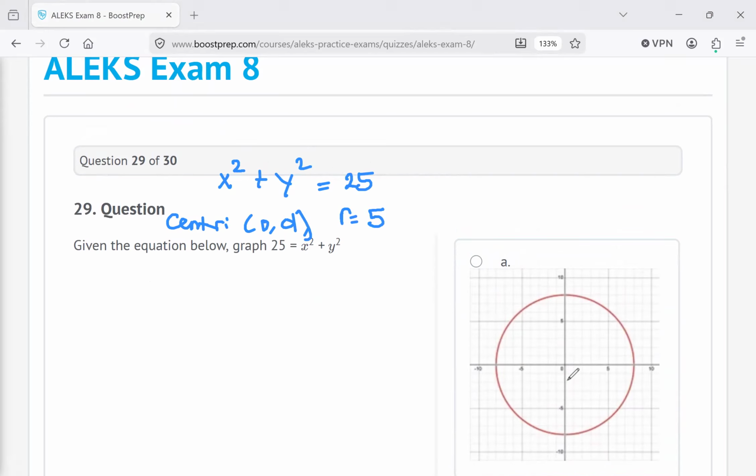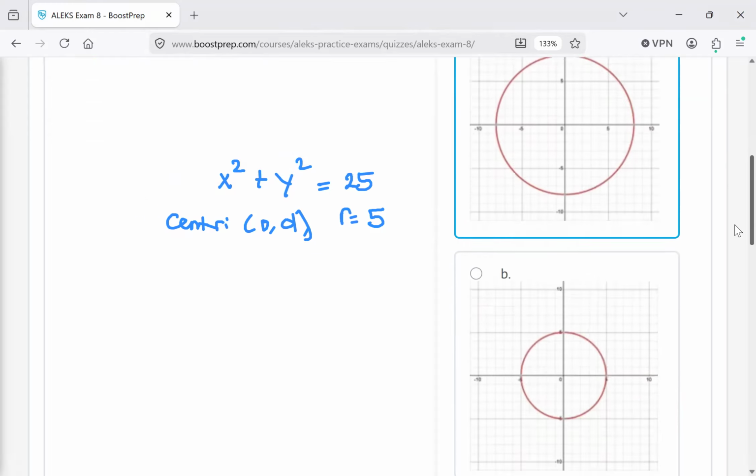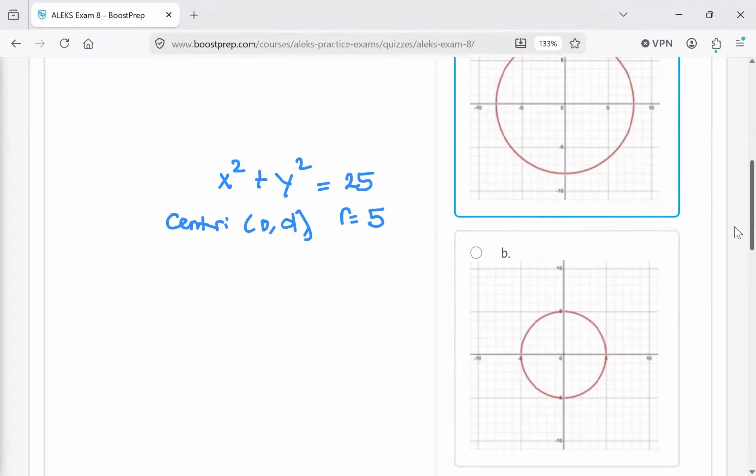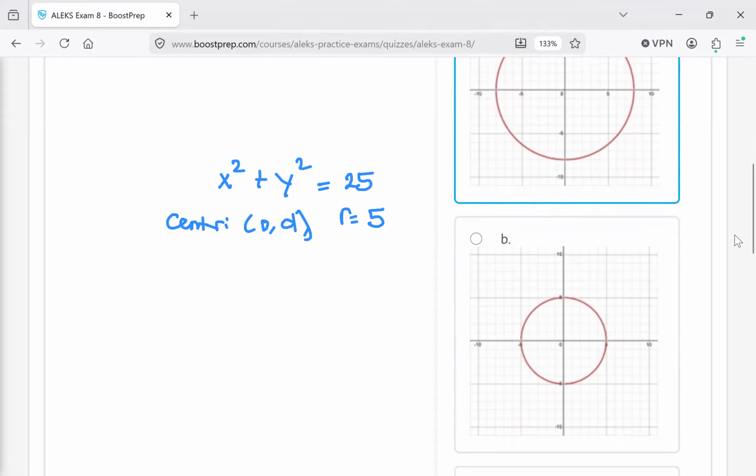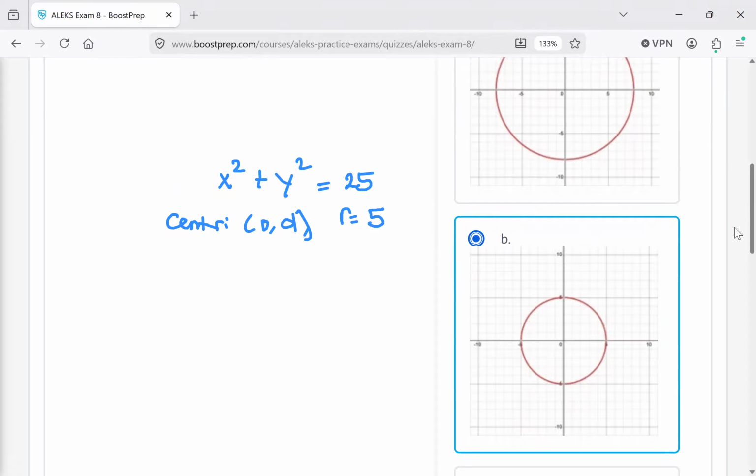Each of these graphs gives you a center, and then we go 5 units to the right, 5 units left, 5 up, and 5 down, right? Yeah, it looks like it's B. Here's the center, 0, 0, 5 to the right, 5 to the left, 5 up, 5 down. Definitely.